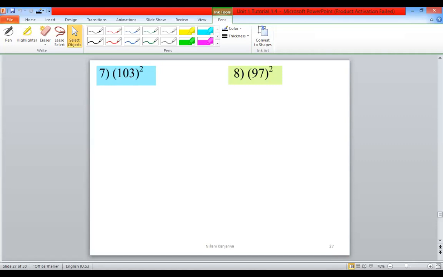If you have any query, please share with me. No, Divya, it's not possible to do 103 whole square like that.